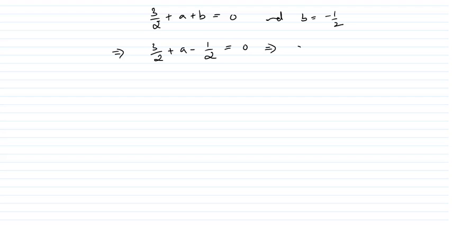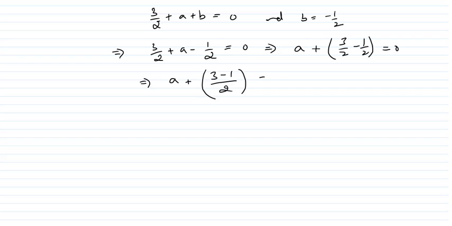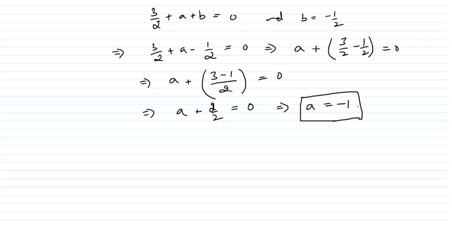It implies A plus 3 by 2 minus 1 by 2 is equal to 0. So A plus 3 minus 1 by 2 is equal to 0. So therefore A is equal to minus 1, and B is equal to minus 1 by 2. It is already written here.